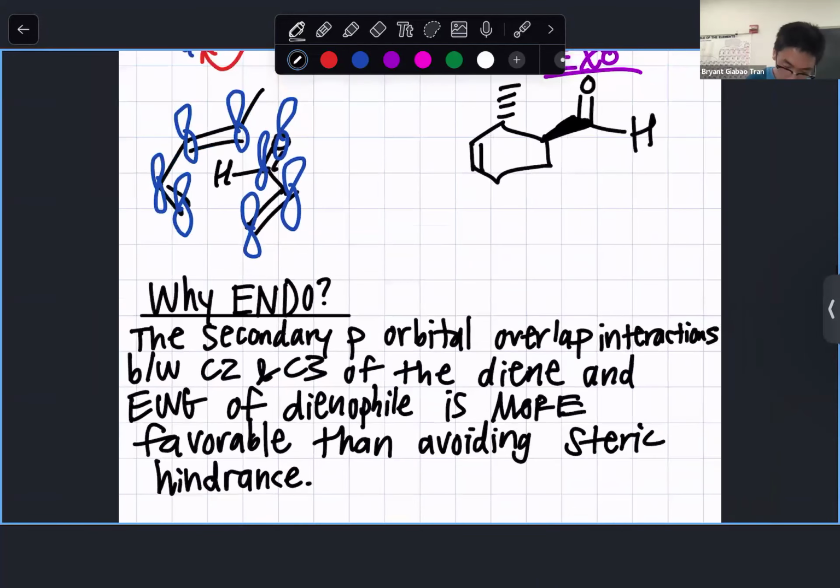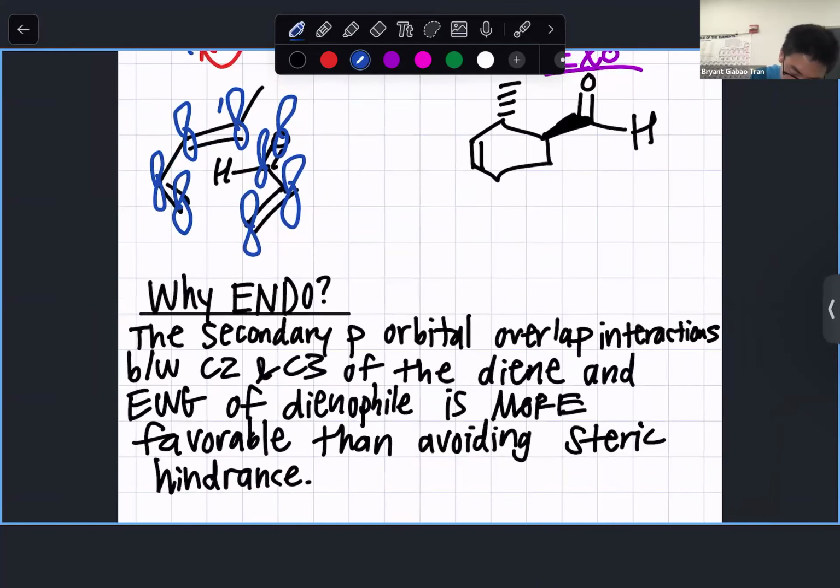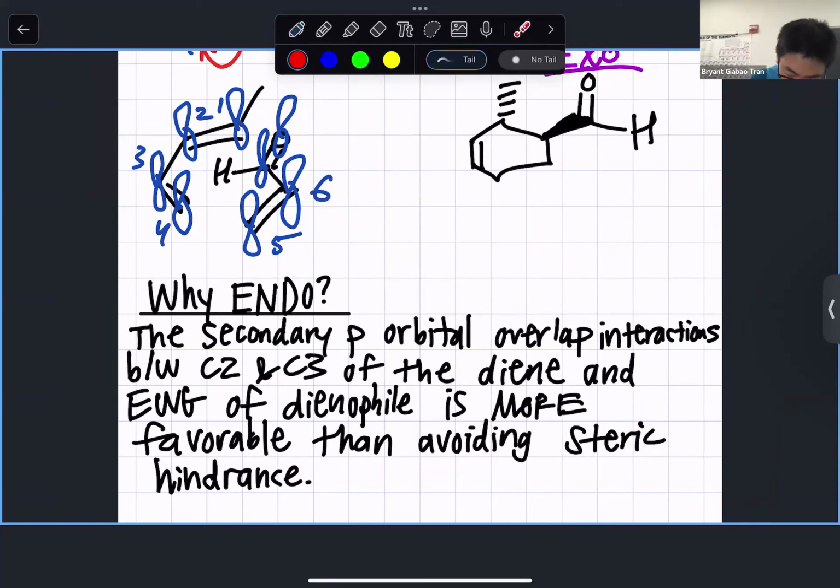Where we said that this was carbon 1, 2, 3, 4, 5, 6. There's going to be secondary p-orbital overlap between carbons 2 and 3 of the diene with the electron withdrawing group of the dienophile there, because the electron withdrawing group is close enough to overlap with those orbitals.